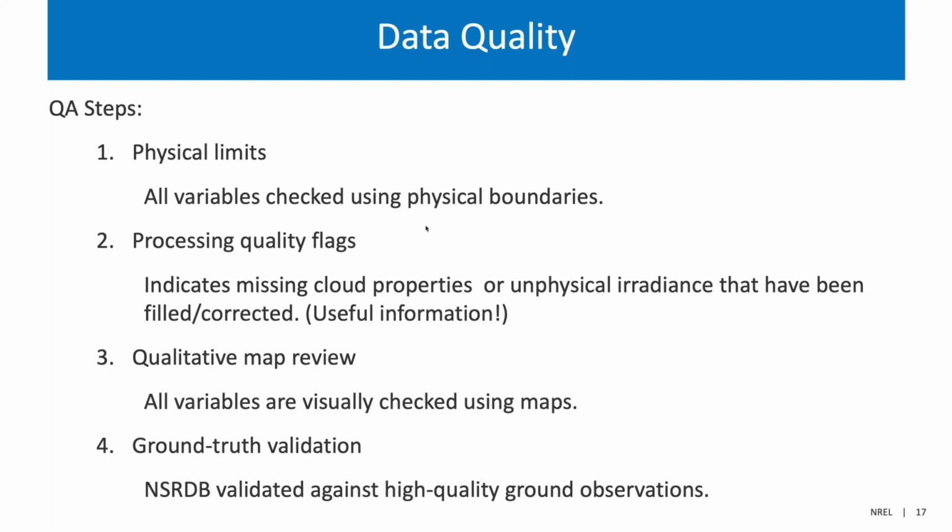I just wanted to point this out. As you know, when you take measurements, there might be missing data sets, missing points. So what happens here is that there are flags which indicate there were missing cloud properties, or because of the model's uncertainties, there's unphysical irradiance which has been either filled or corrected.